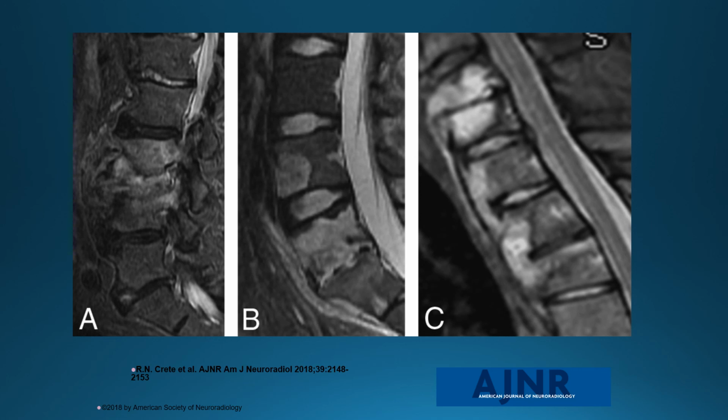So southwestern United States does have a lot of coccidioidomycosis, and this can cause a discitis osteomyelitis, which can look either like a pyogenic infection. So if we look at patient A, there's a lot of disc destruction, prevertebral soft tissue. It looks like a pyogenic discitis.